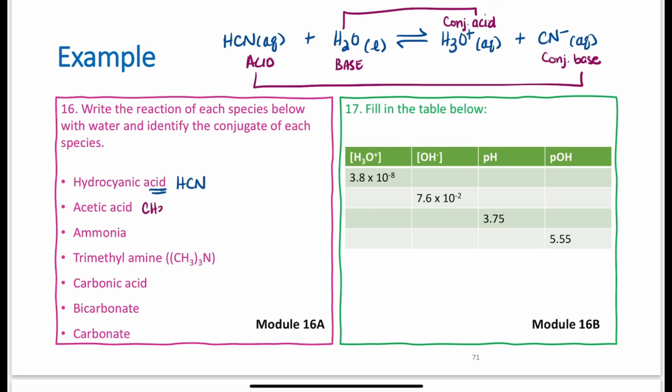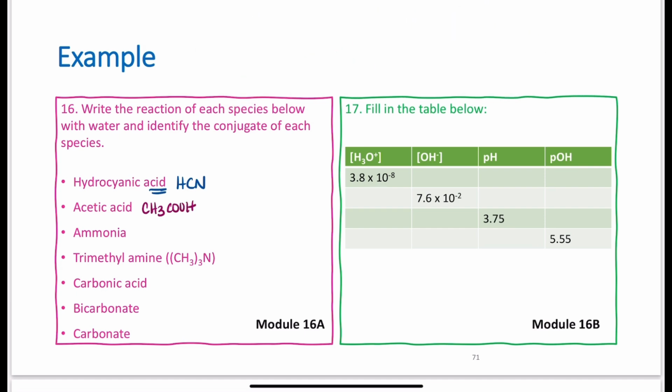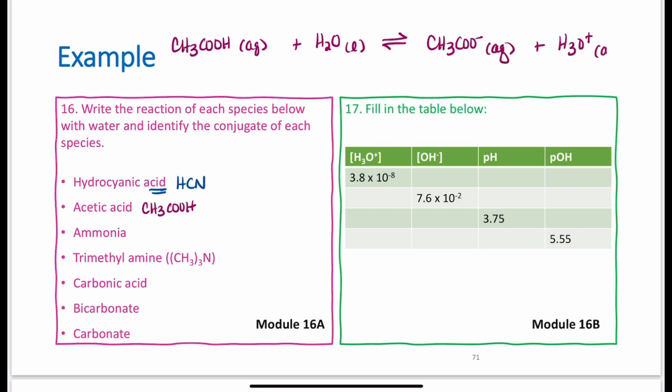Acetic acid, CH3COOH, also a weak acid. So CH3COOH plus water, equilibrium arrows. It is an acid, so it's going to donate that proton, and form H3O+.